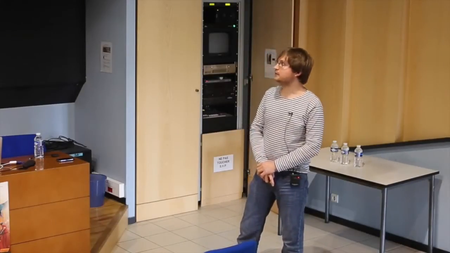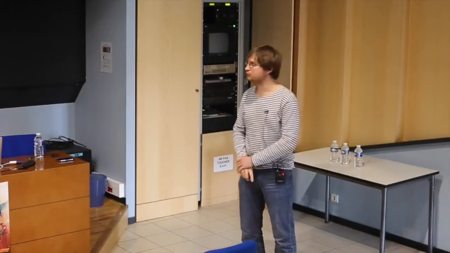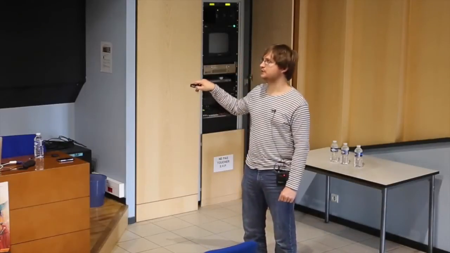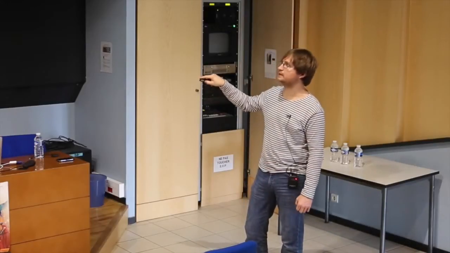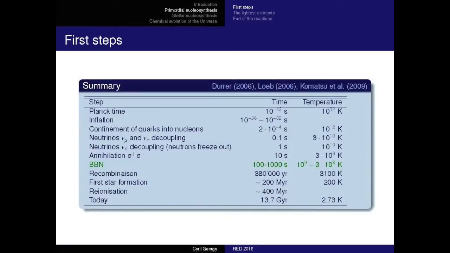And there are 3 families of neutrinos that are called the electronic neutrinos, the mu neutrinos, and the tau neutrinos. The neutrinos we are used to are the electronic ones because they are able to interact with the electrons. The 2 other ones are linked with 2 other kinds of particles that are called the mu and the tau. That's why they are called like that.